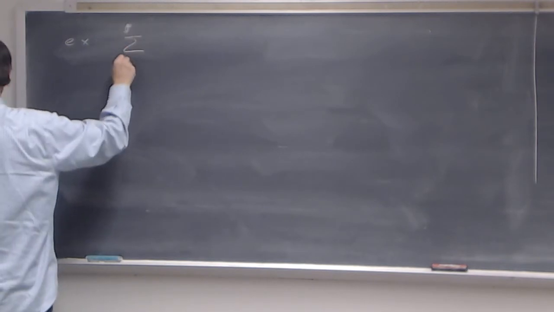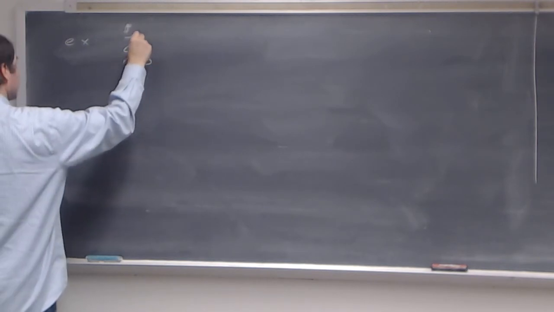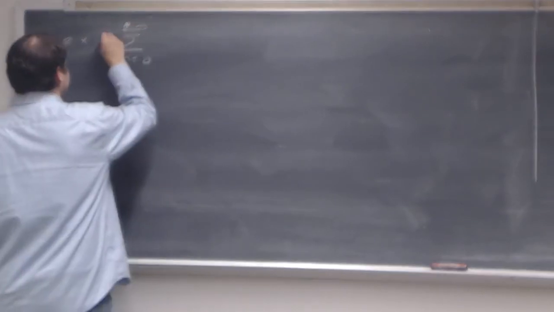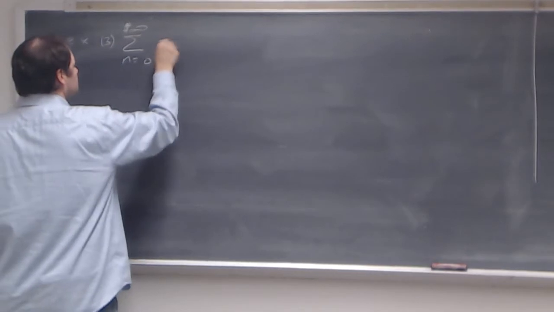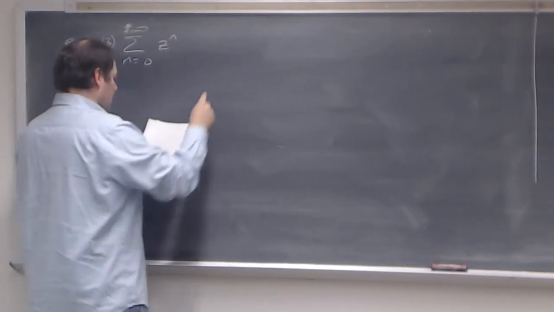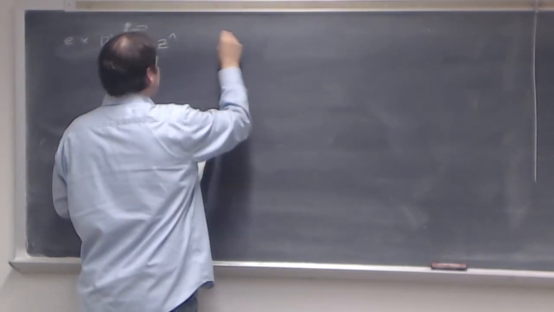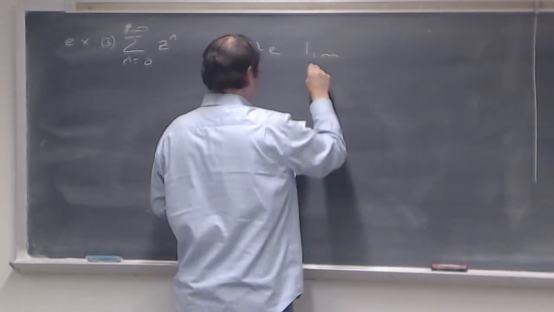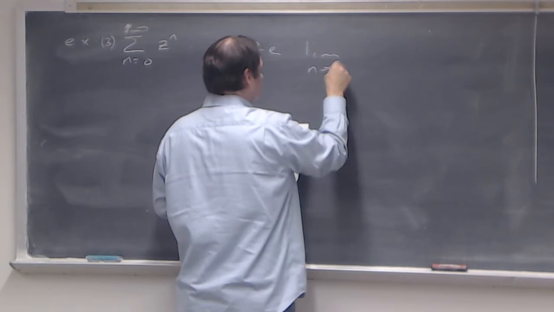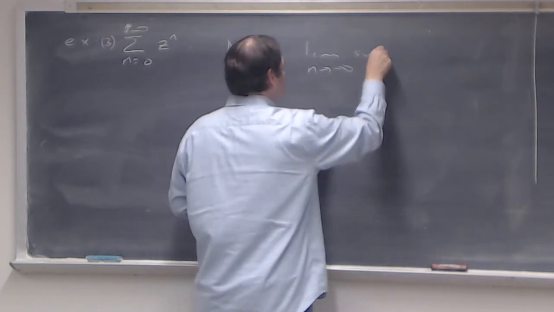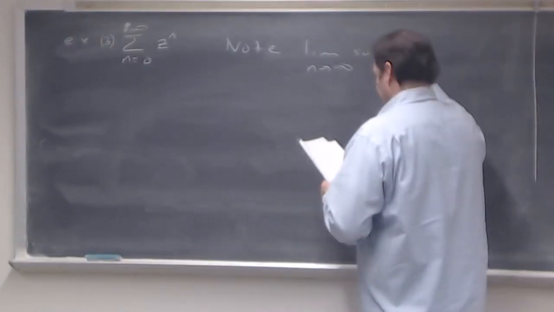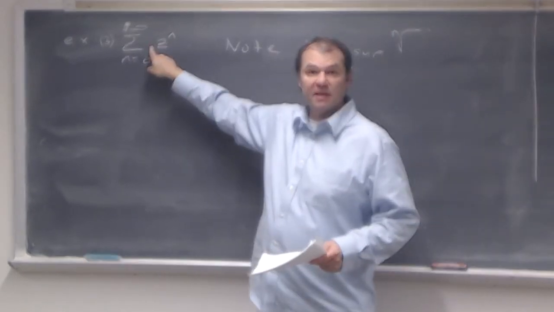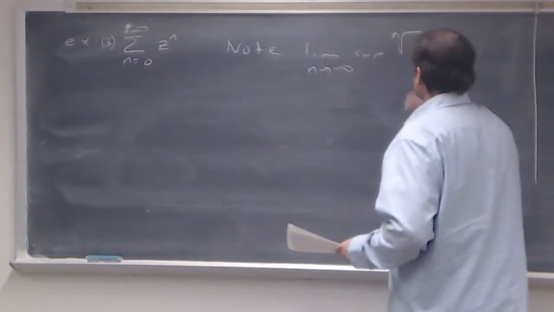So the series is the sum as n runs from 0 to infinity of z to the n. This is my example 3. Well, here we note that the limsup of the nth root of the c sub n's involved here, well, the c sub n's are understood to be 1 in this situation.